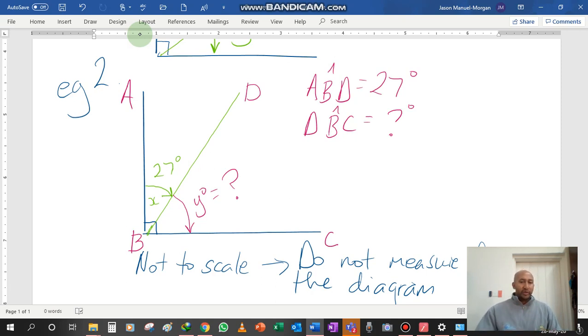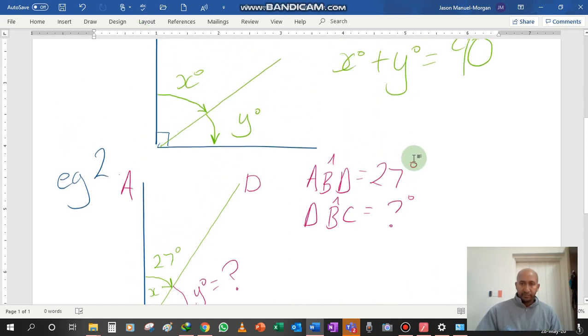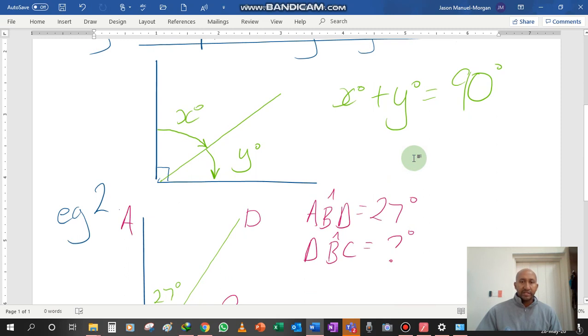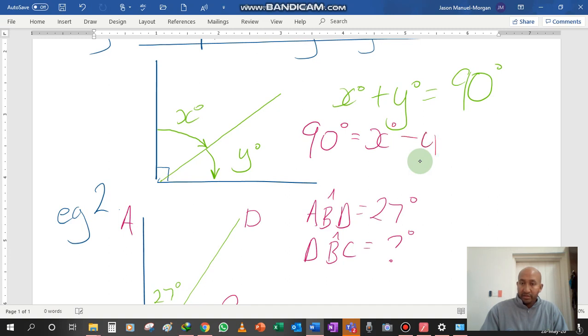And we know that our formula here, x plus y equals 90. The other way around that we could rewrite this would be 90 degrees minus x degrees is equal to y degrees. And it's easier to do it this way around because we are given the 90 degrees.